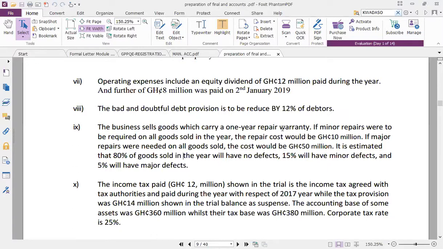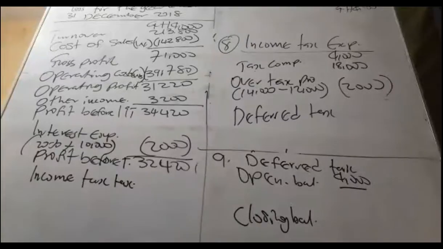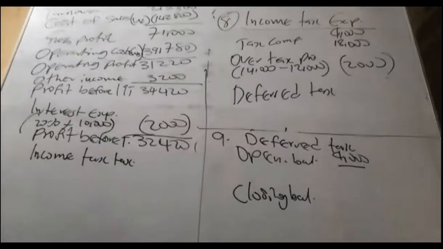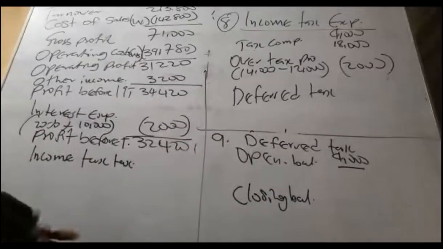The tax rate is 25%. Now, which of these figures is lower? Is it the accounting base, right? The accounting base is lower. And if the accounting base is lower, is it taxable or deductible? Good. So let's see. Open your bracket.